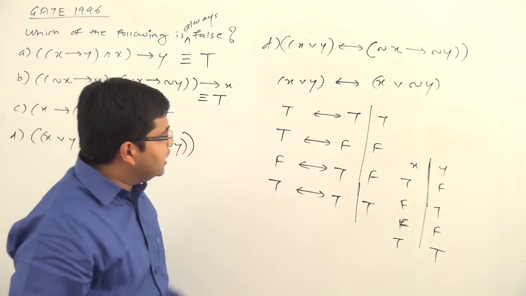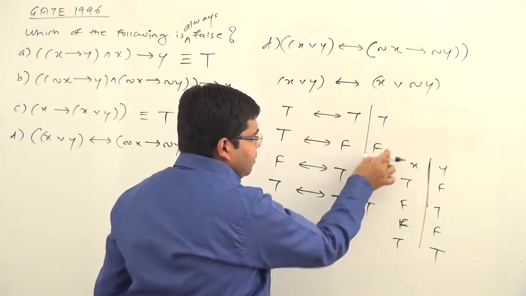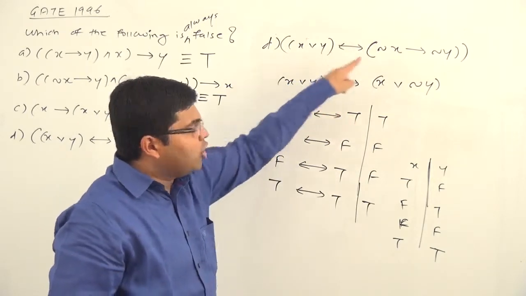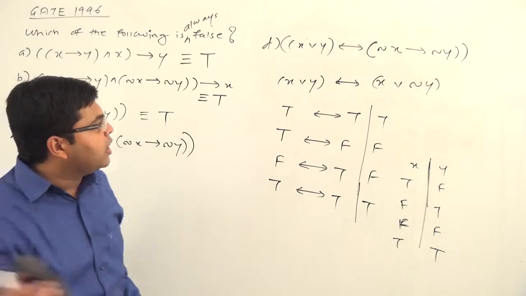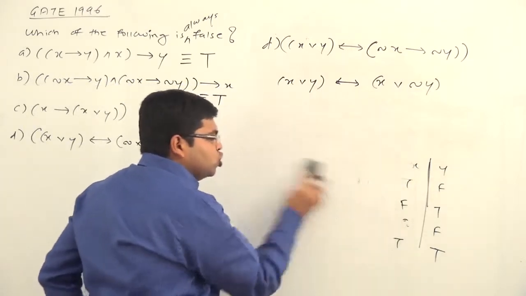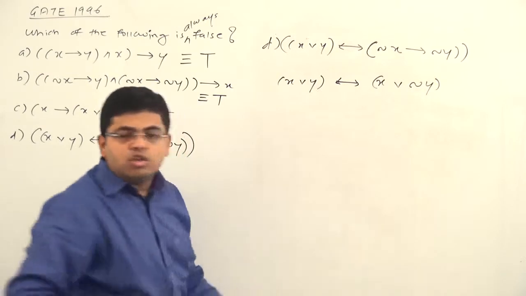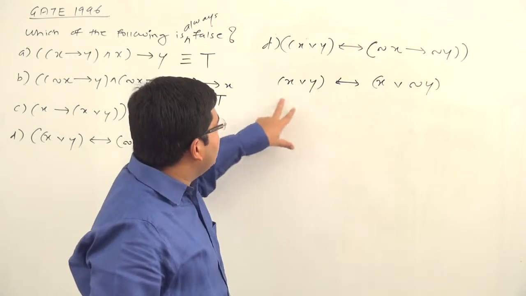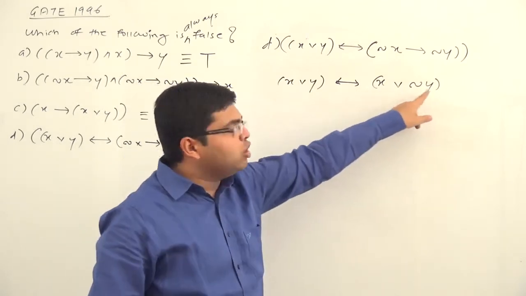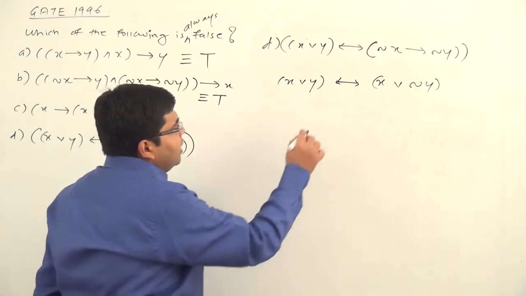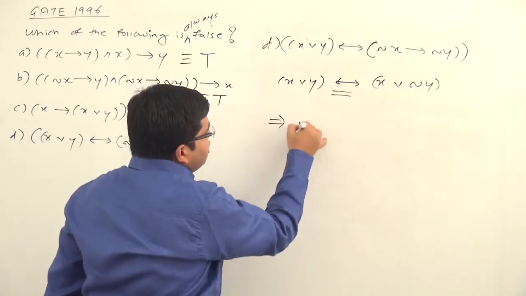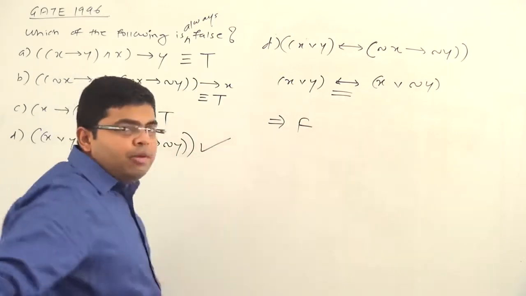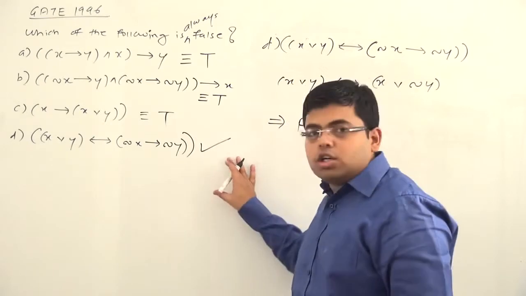If you observe this, sometimes it is true but sometimes it is false, and we know that when we talk about double implication it should always be true, so this particular formula is sometimes true and sometimes false. So the truth value of this double implication depends upon the actual values you assign to x and y, and therefore option D will be the correct answer, because option D is not a tautology.